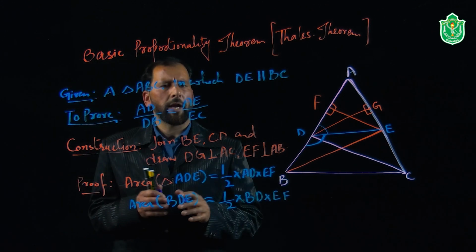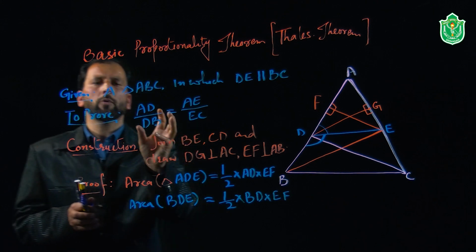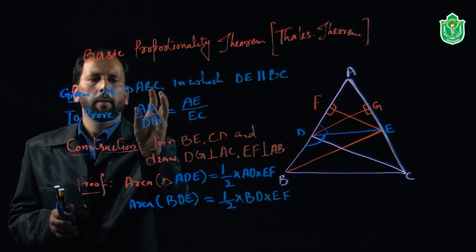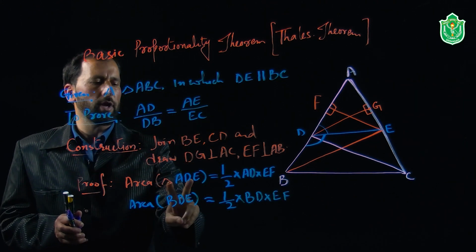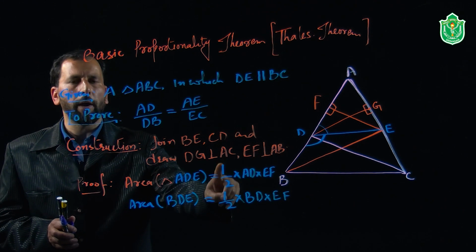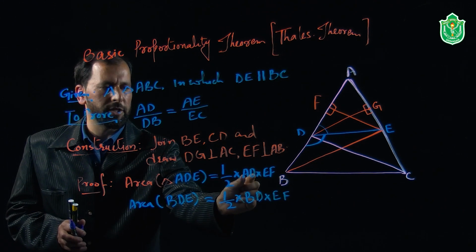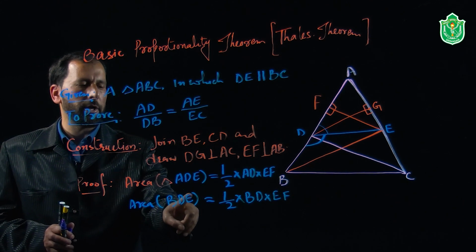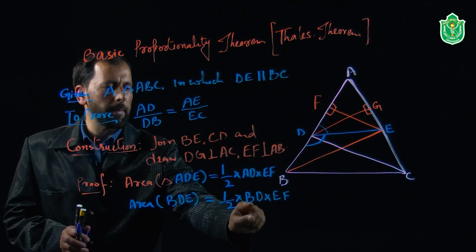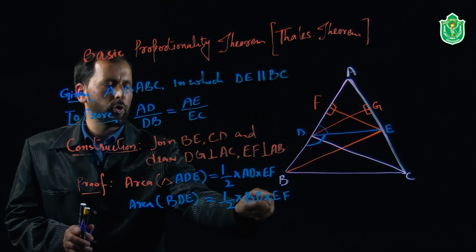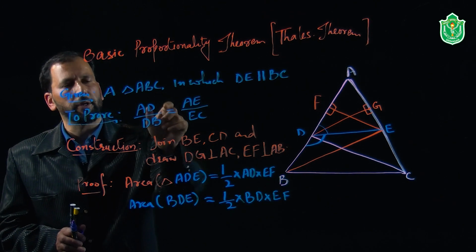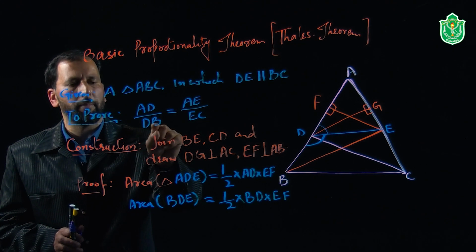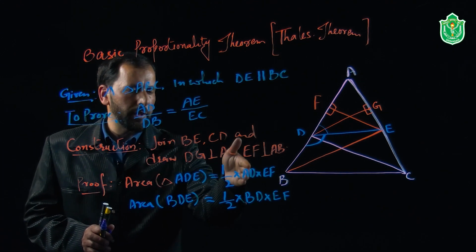Now look at the to prove condition here. What we have to prove? Side AD by DB. Now we have area of triangle ADE is equal to 1/2 of this segment AD into EF, and similarly, area of triangle BDE is 1/2 of same side BD into EF. So in the to prove condition we have AD divided by DB, so we put them in division form.